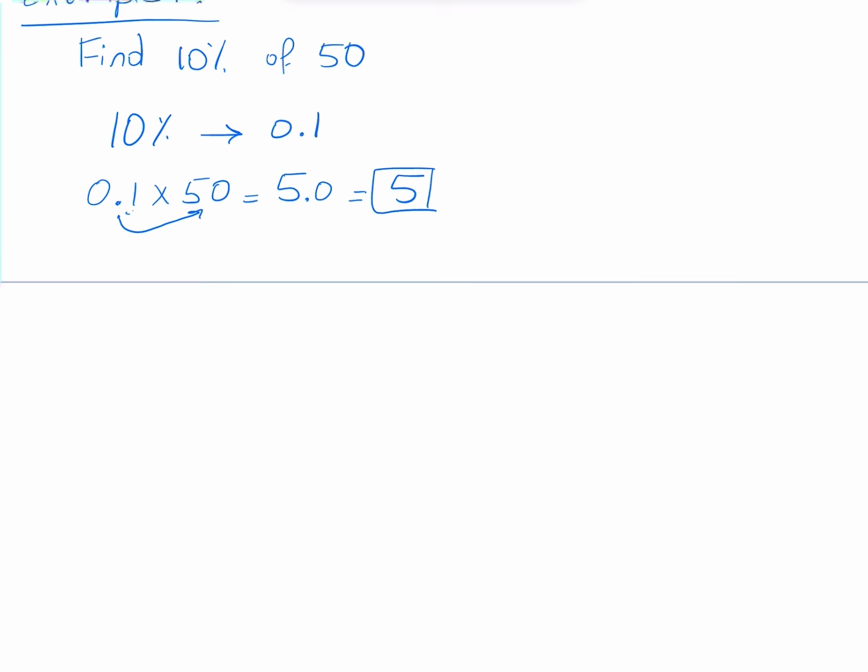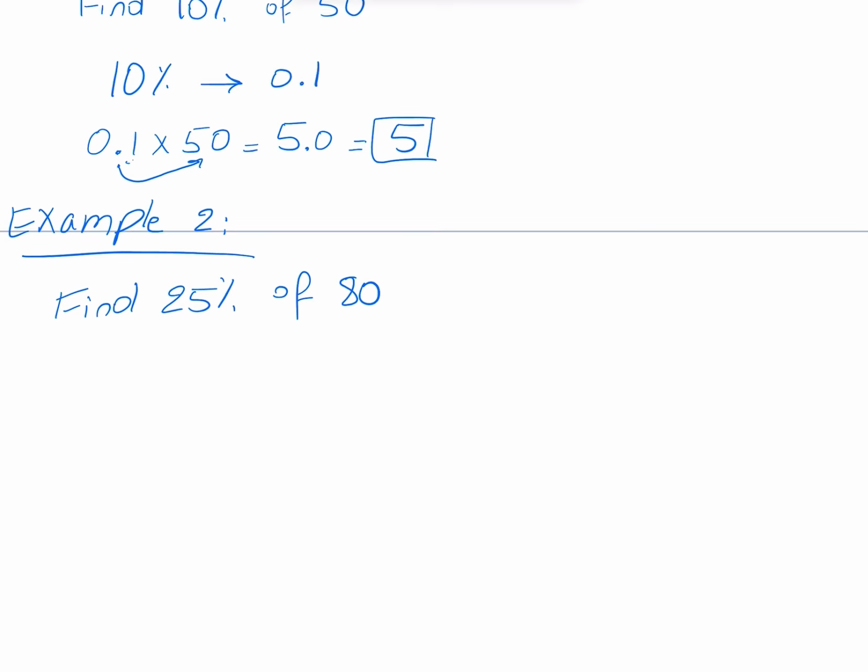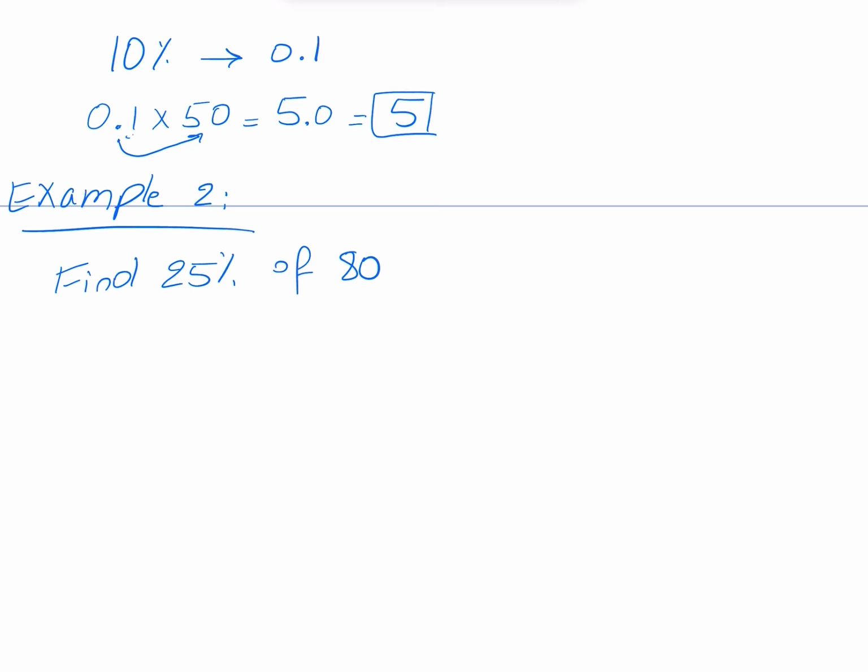Now, example number 2. Find 25% of 80. And here, please, you can pause the video to find the answer, and then you can correct yourself. So 25% of 80, we need to change the percent to decimal.